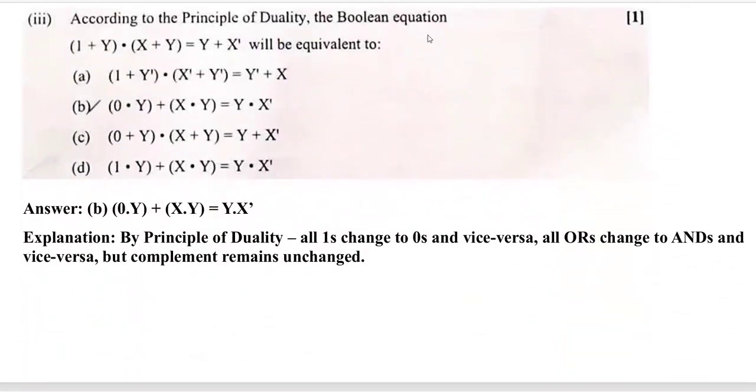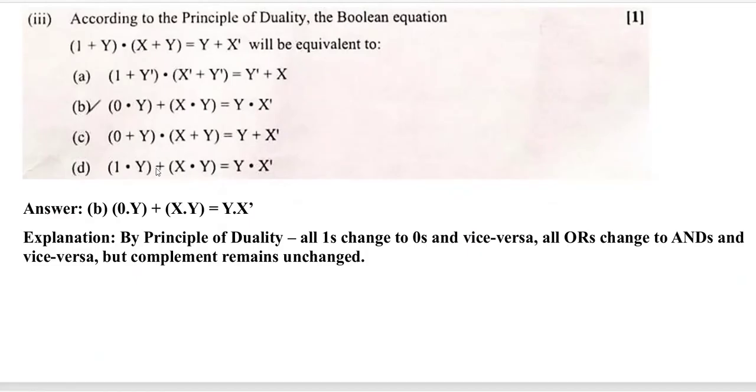According to the principle of duality, (1 plus y) dot (x plus y) equals y plus x bar will be equivalent to, you have to find the dual. Keep it in mind. Now, the principle of duality states that all 1s should be changed to 0 and vice versa. All 0s should be changed to 1 and vice versa. But the complement should remain unchanged.